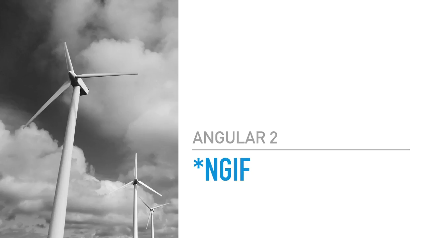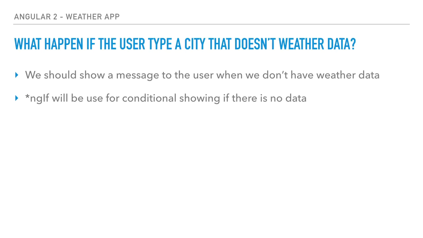In this section, we will talk about ngIf and we will take advantage of this structural directive for improving the user interaction of our weather application. So, what happens if the user types a city that doesn't exist in the weather database?